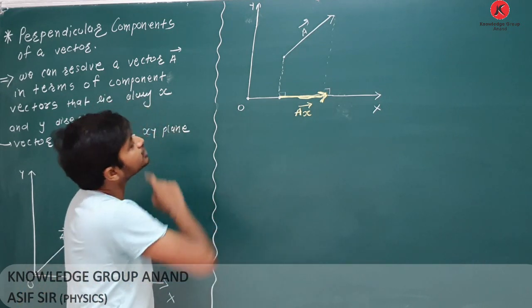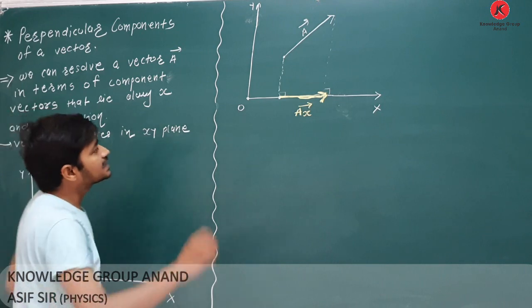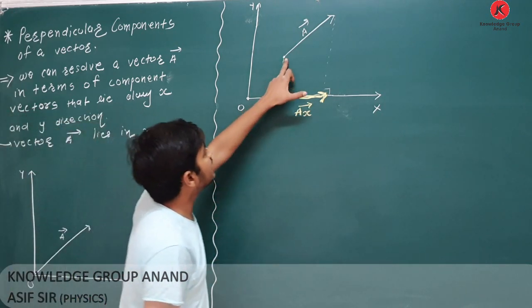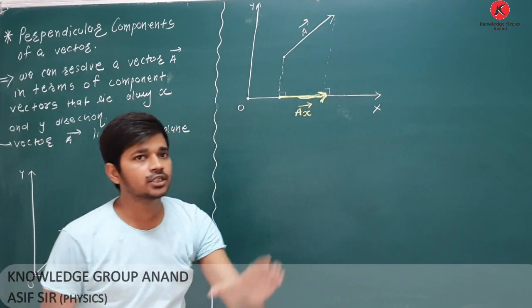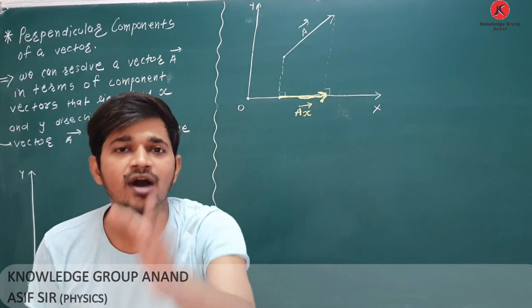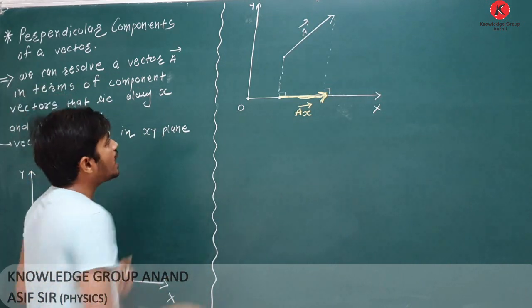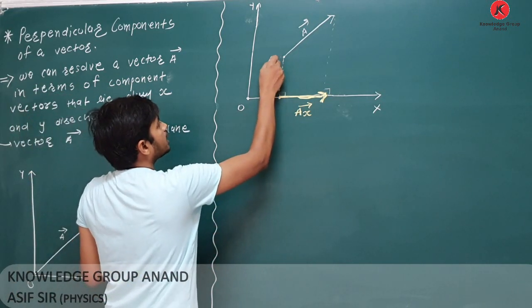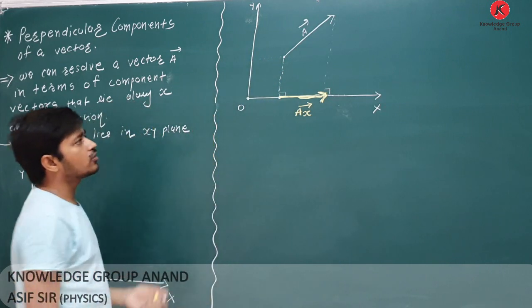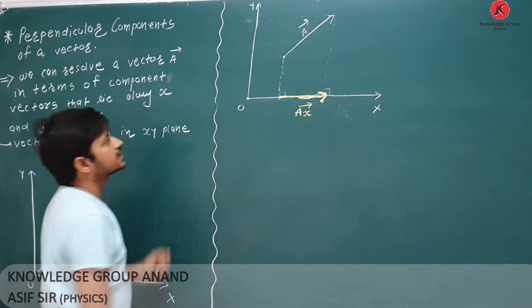Okay. Now how to find its y component? Similarly, from tail and head of vector, you have to draw perpendiculars on y-axis. Like this. From tail, perpendicular on y-axis. From head, perpendicular on y-axis.